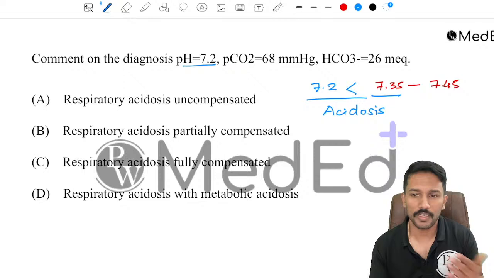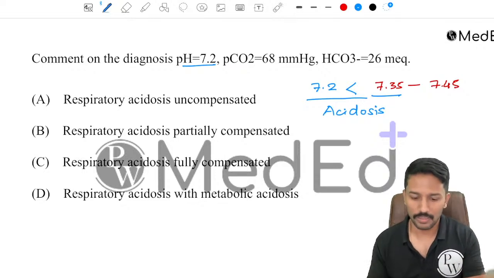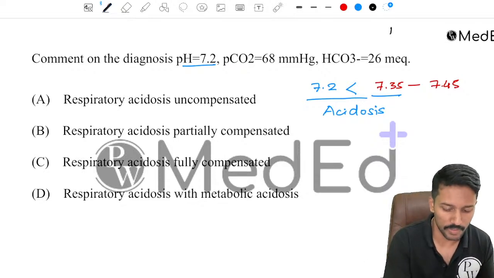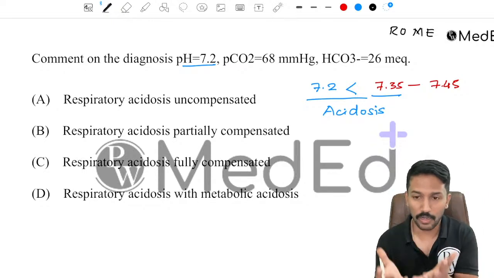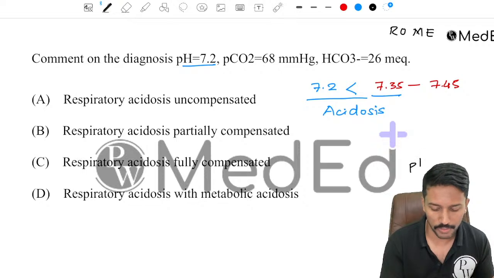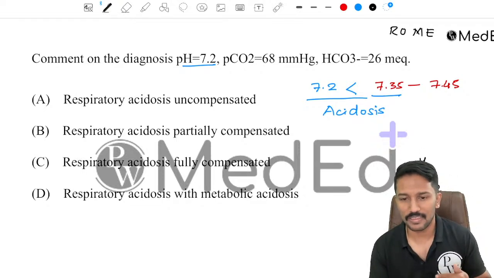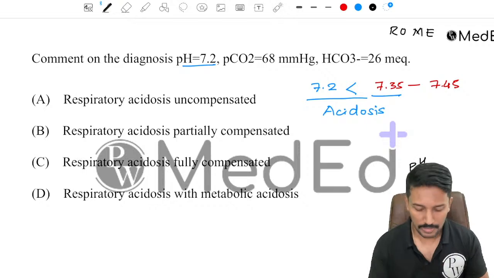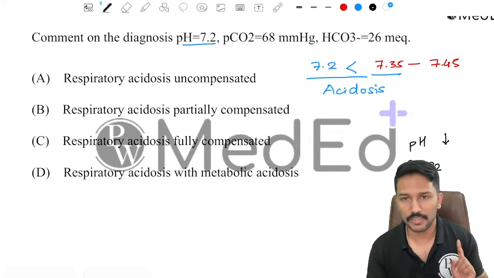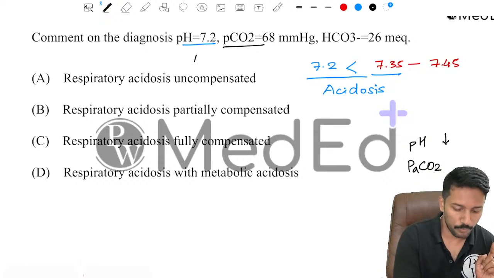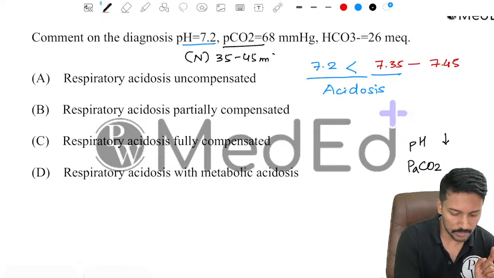The next step is to identify whether it is metabolic or respiratory. For that I have given you the simple mnemonic ROME: Respiratory opposite, metabolic equal. Now what opposite are we talking about? We are talking about pH and PaCO2, whether they are in the same direction or opposite direction. Here pH is decreased, it is less than 7.35. The normal range of PaCO2 is 35 to 45 millimeters of mercury.